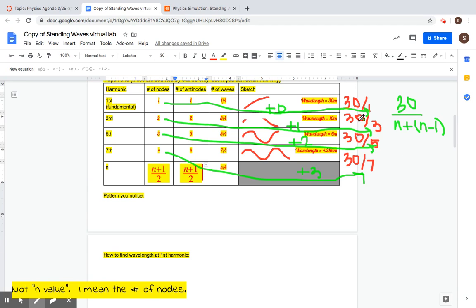So here, 30, I took my n, so 2 plus 2 minus 1, which is 2 plus 1, I would get 30 divided by 3, and then so on and so forth. So you can see how that pattern works. This is your equation, so you could talk about that in your Flipgrid, or you can simplify it.